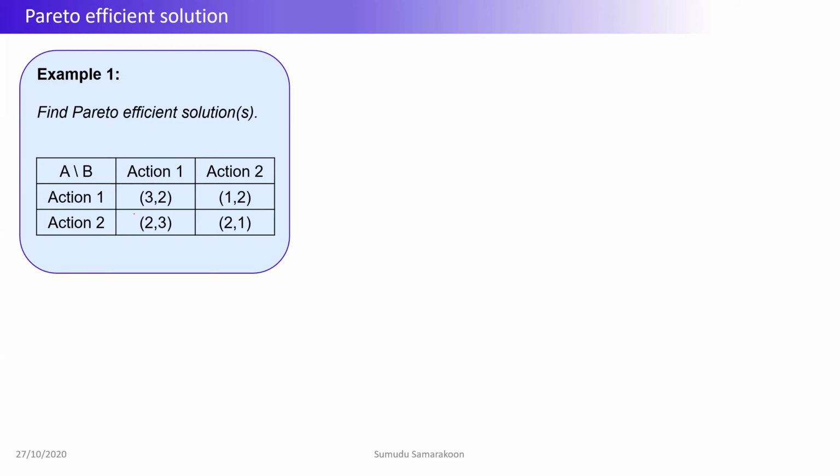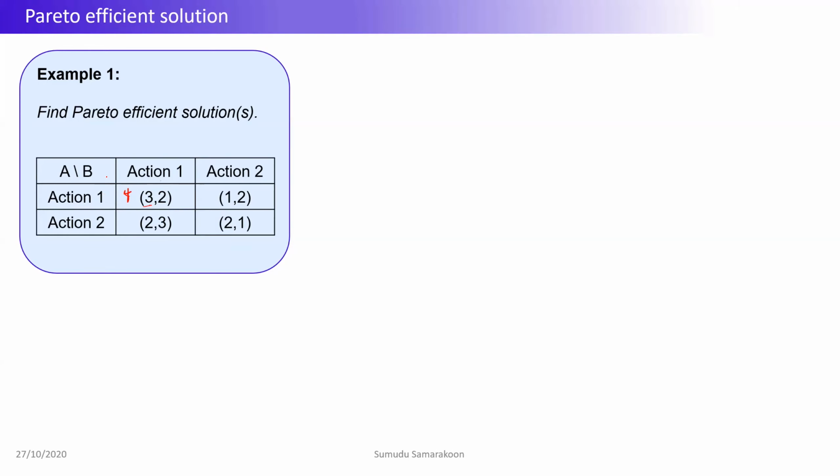Now, if we consider this scenario, let's think in terms of player A. Right now we can see the payoff 3 is the maximum payoff that player A can achieve in this scenario. So of course, there is no intention for player A to deviate from this action.